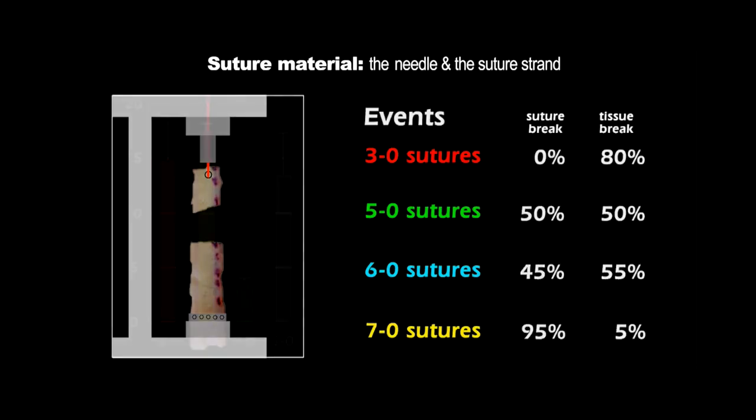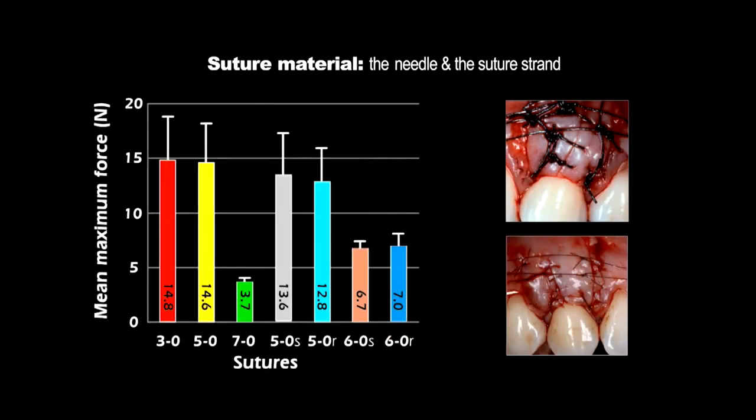So you can see that in the thicker sutures, the tissue breakage was the main event, while in the thinner sutures, almost exclusively, the suture breakage was the main event. That means that by just choosing a thinner suture diameter, we can define the force that is brought to the tissues.